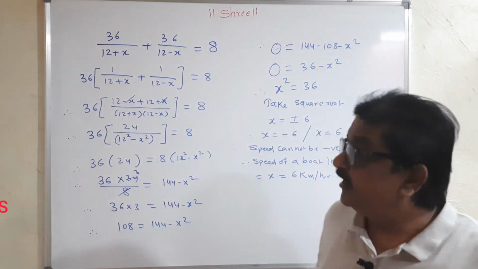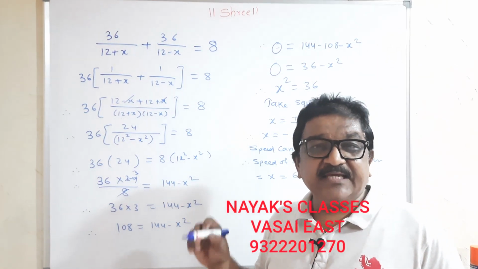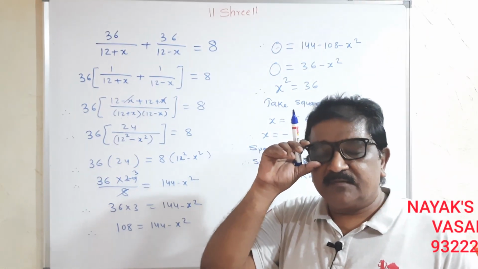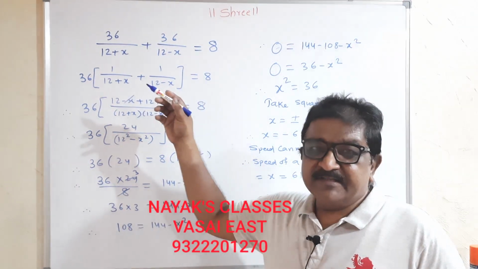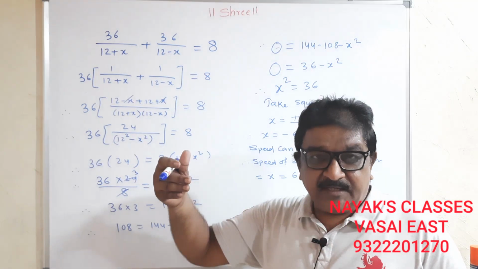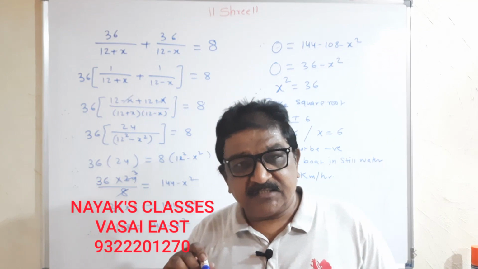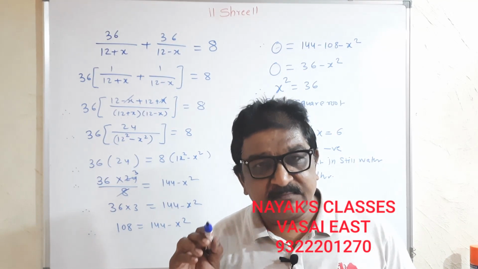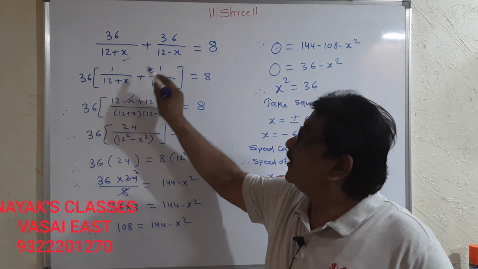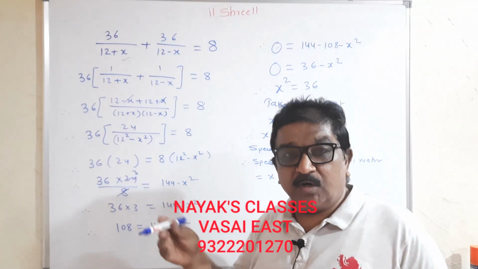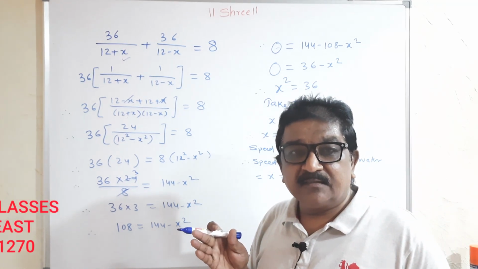Once again I am explaining. We assumed x as the speed of the boat in still water. In the drawing, I have explained to you, in the downstream it is speed of water plus speed of boat, and in upstream water will oppose and the boat will cross it.